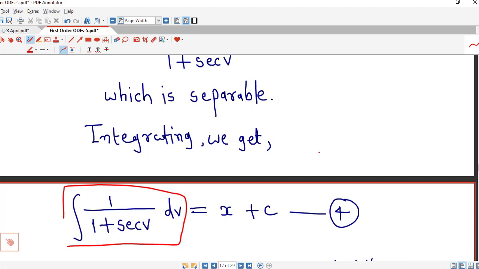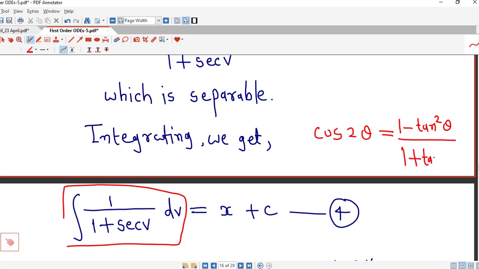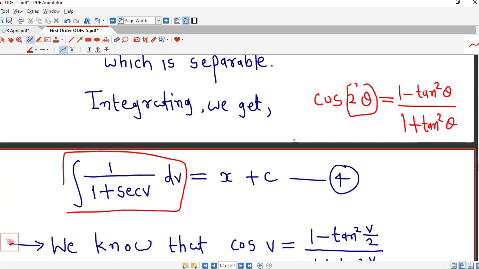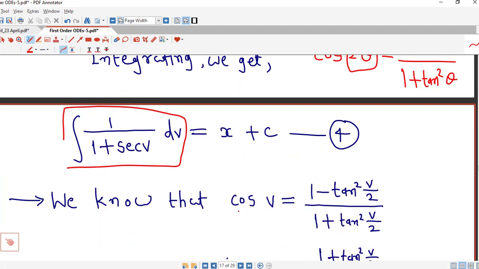For that, if we recall, cos 2θ can be written as (1 - tan²θ)/(1 + tan²θ). Whatever angle is there, that angle is halved here. So if we have θ here, we put θ/2. So we first write cos v as (1 - tan²(v/2))/(1 + tan²(v/2)).